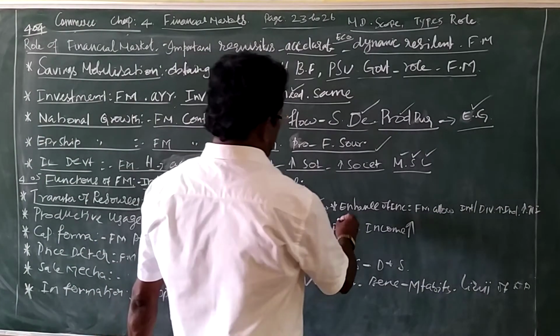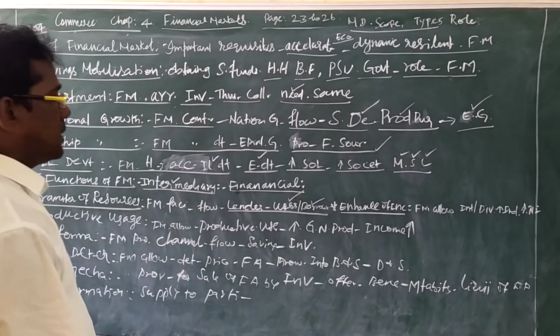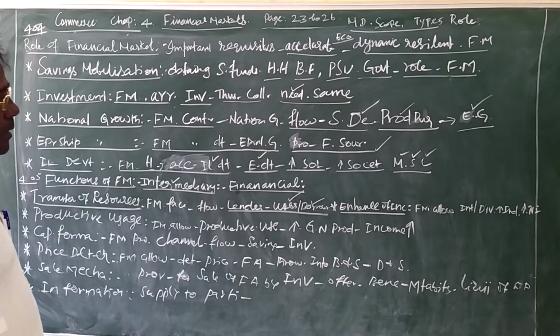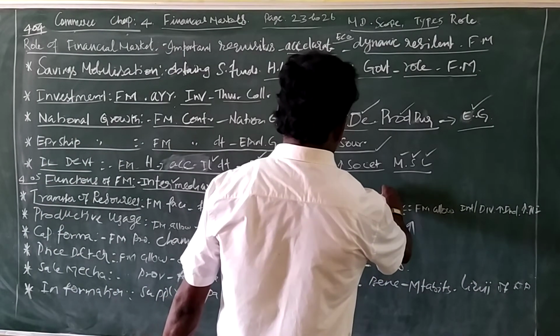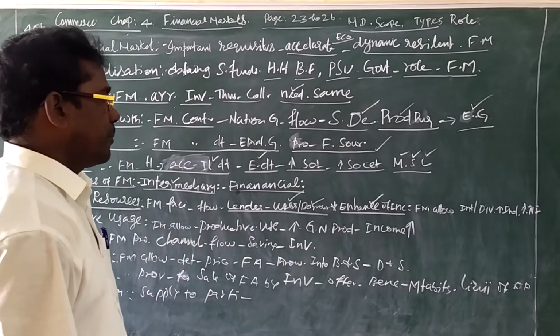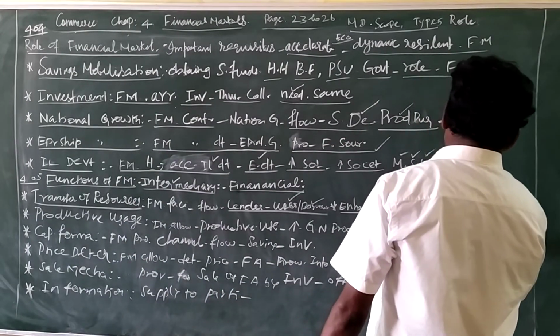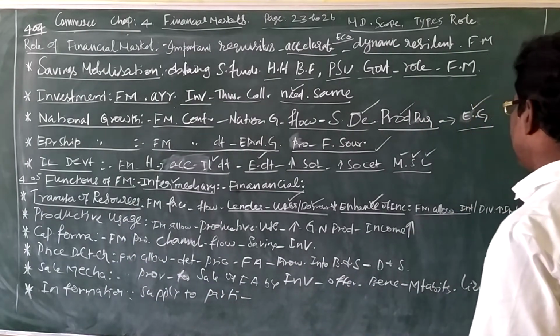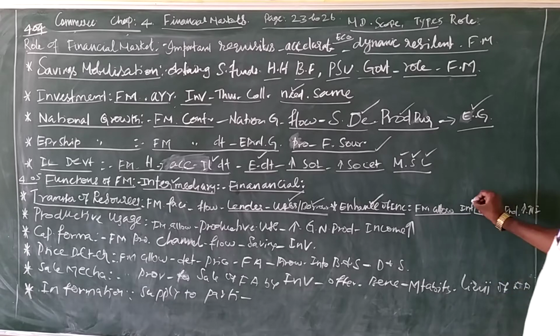Then the second one, enhancement of income of the individual as well as national income. Enhancement means increasing the level of income of the individual as well as the national income. The financial market allows the investors, those who have a surplus amount of money, to invest their funds, and they get income in the form of interest and dividend.